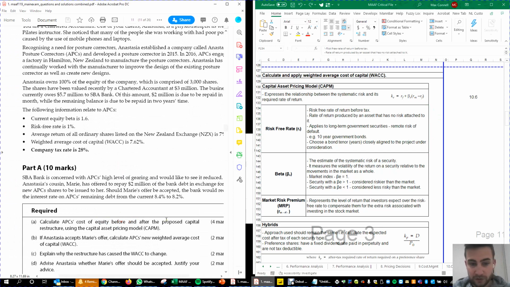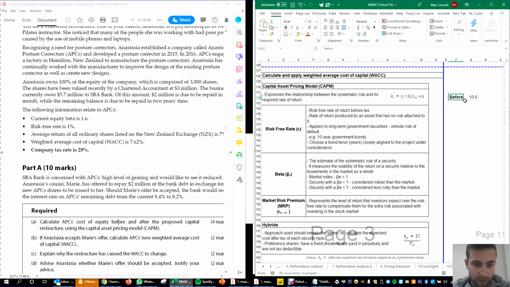The next thing we have to do is calculate the cost of equity after the proposed capital restructure. So that's before and after.